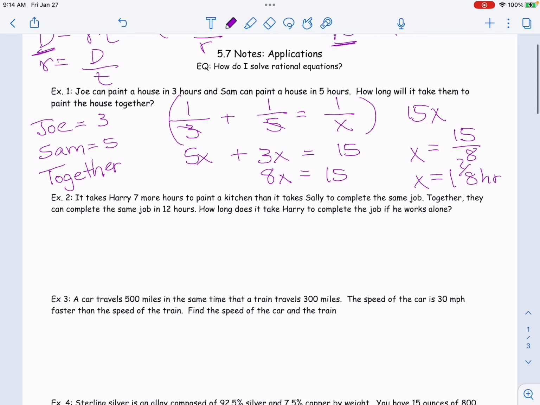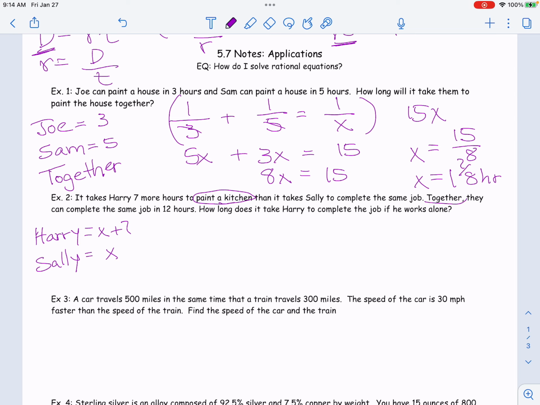So the next one, we have Harry and we have Sally. They, again, are working on a job, one job. They're painting a kitchen alone. Harry, it takes him 7 more hours to paint the kitchen than Sally. Well, we don't know how long Sally's going to take. So Harry would be x plus 7.